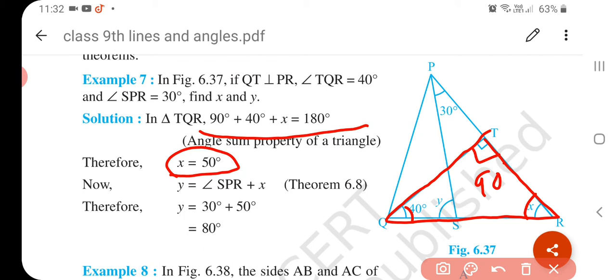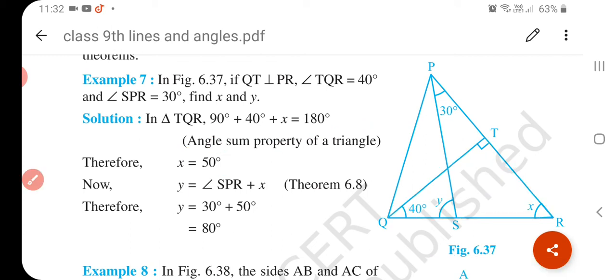Now if we want to find Y, then Y is equal to SPR plus X, because theorem 6.8 tells us this when we extend the line.